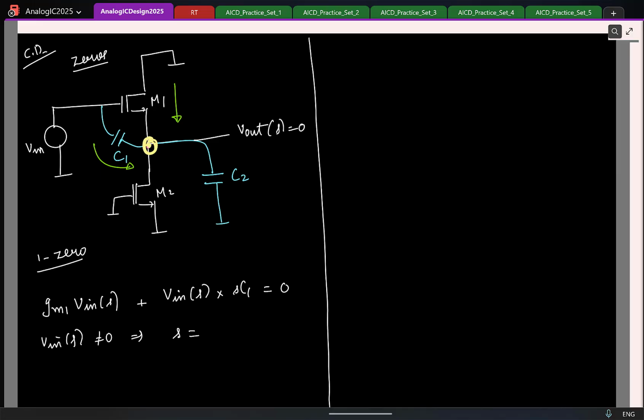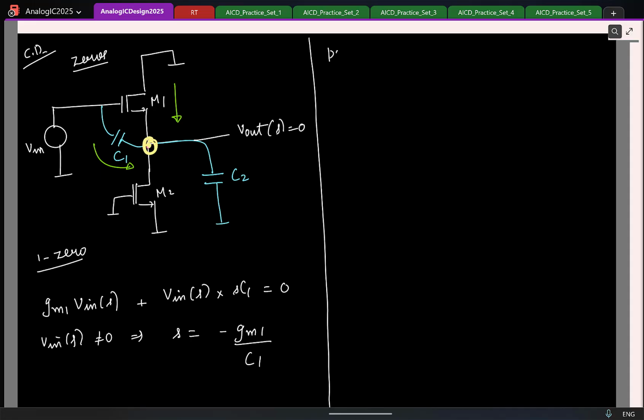So this should mean that the complex frequency S must take the value minus gm1 by C. The calculation of a zero is plain old solving the circuit using KCL, but here you know that one of the voltages is 0, so this is no longer the unknown to you. So you replace this unknown with the complex frequency S. Okay, so this is the zero.